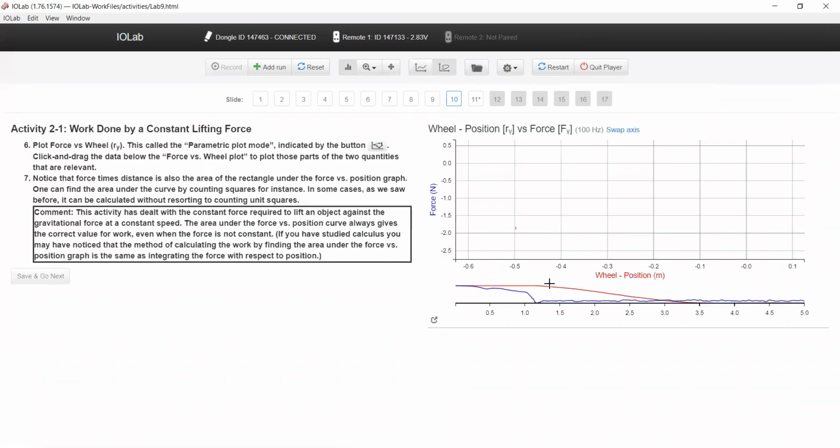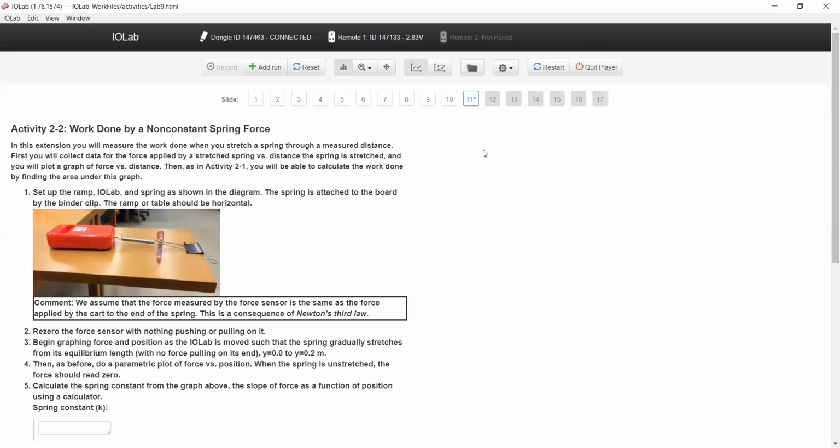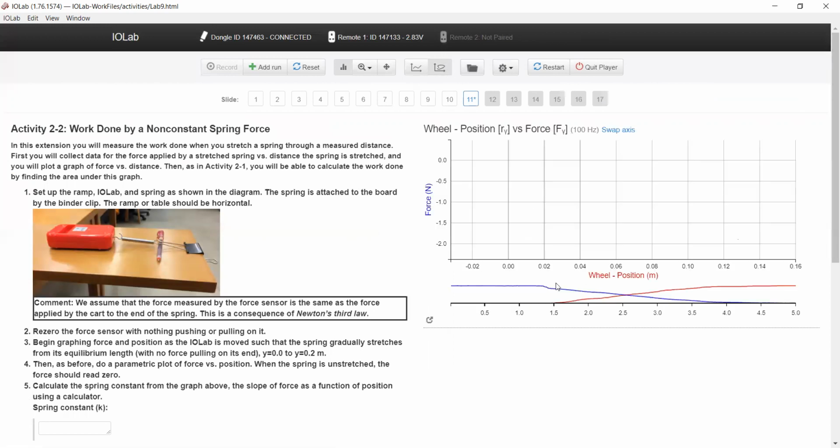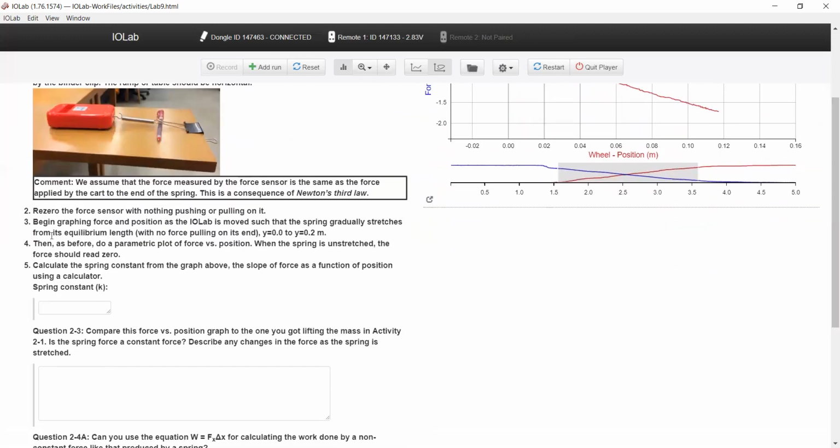When we used this tool, you can see the force versus position was kind of constant, but in this case, force is not constant. I might have to do it again. So we cannot use it directly.